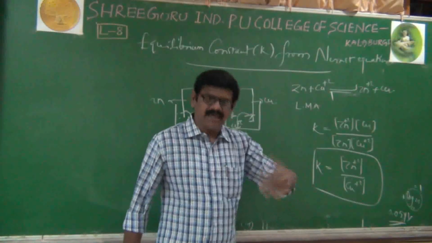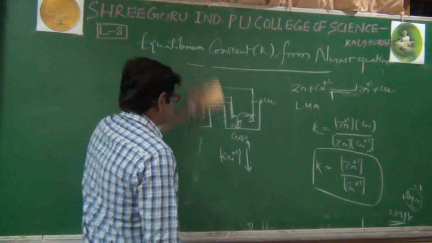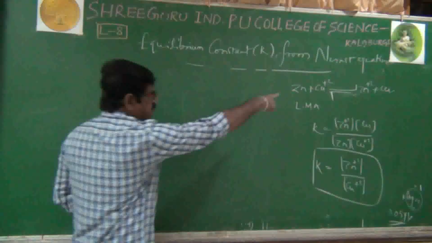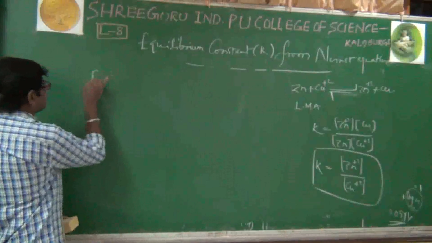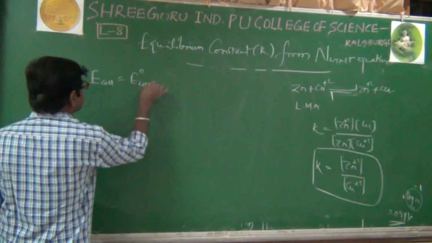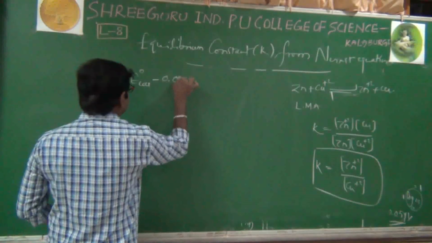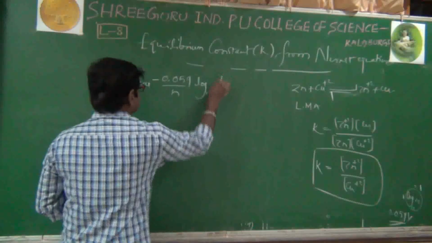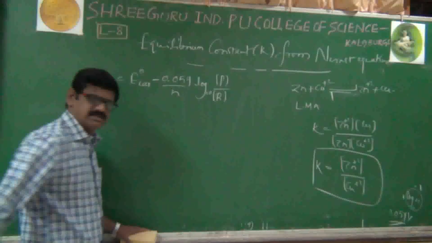Now we'll start the actual derivation part. See here carefully. Now to this expression we'll apply the Nernst equation, that is E cell is equal to E naught cell minus 0.059 by n log base 10 product concentration divided by reactant concentration.